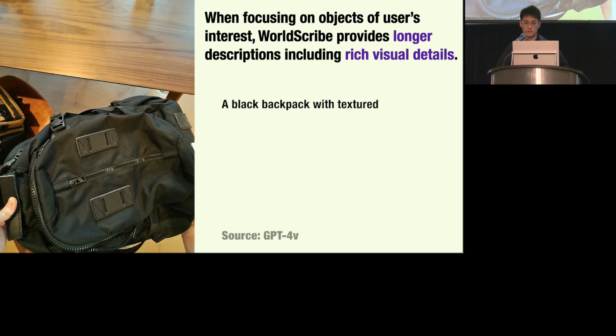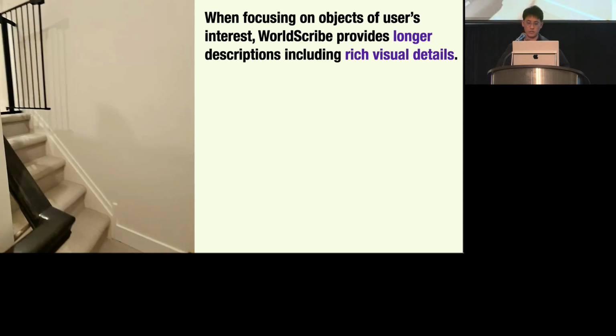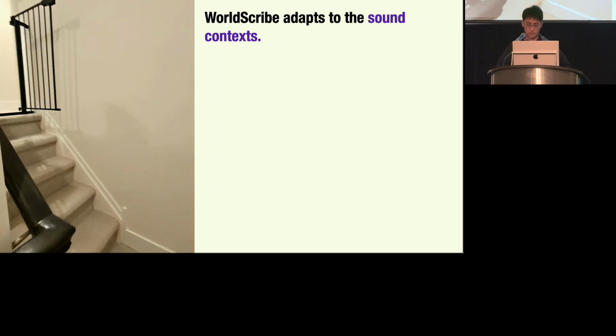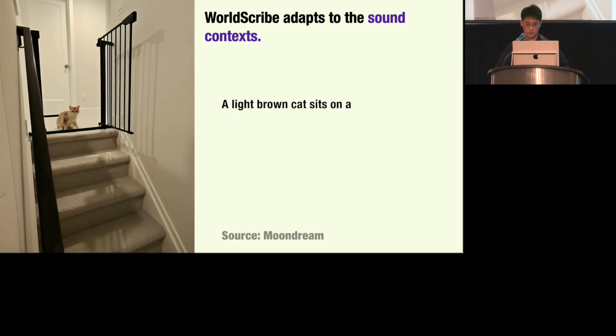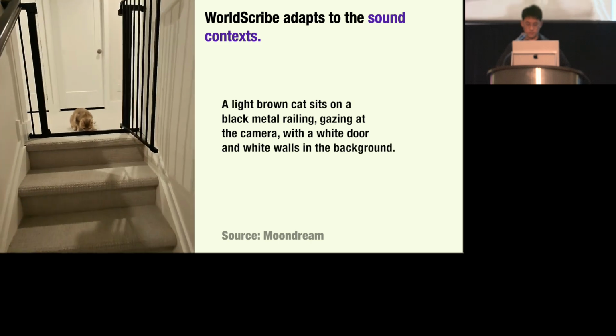A black backpack with textured fabric features 2 prominent zippers and adjustable straps. At the same time, to help the user better perceive the spoken descriptions, WorldScribe will adapt to the sound context, such as increasing volume over music. Cat. A light brown cat sits on a black metal railing, gazing at the camera, with a white door and white walls in the background.